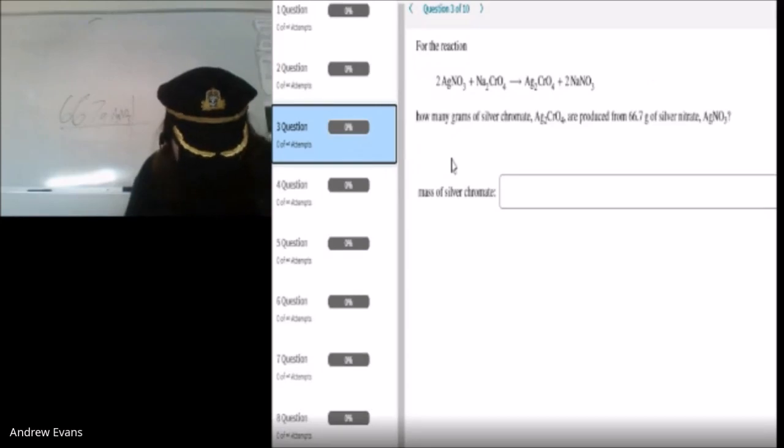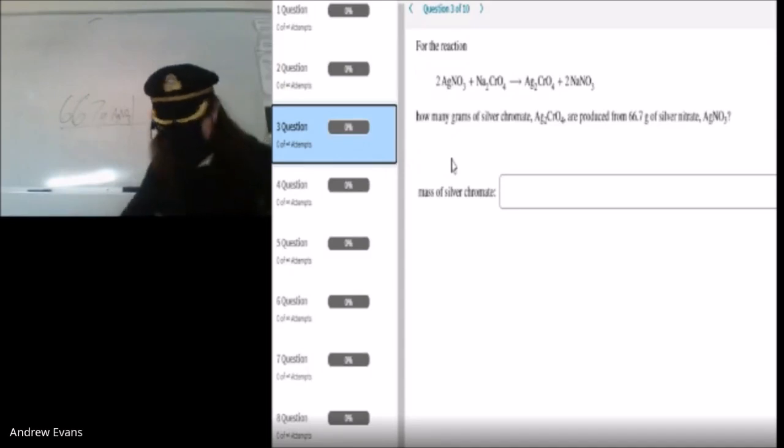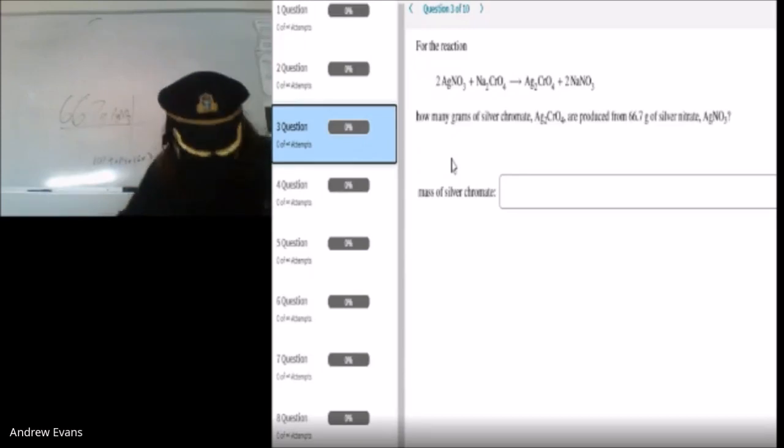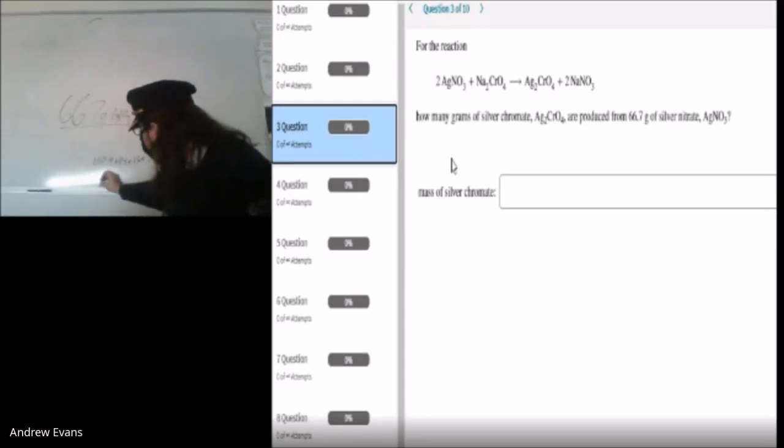Silver is 107.9. Nitrogen is 14. Oxygen is 16. Might as well, since I have my periodic table open. And chromium is going to be 52.